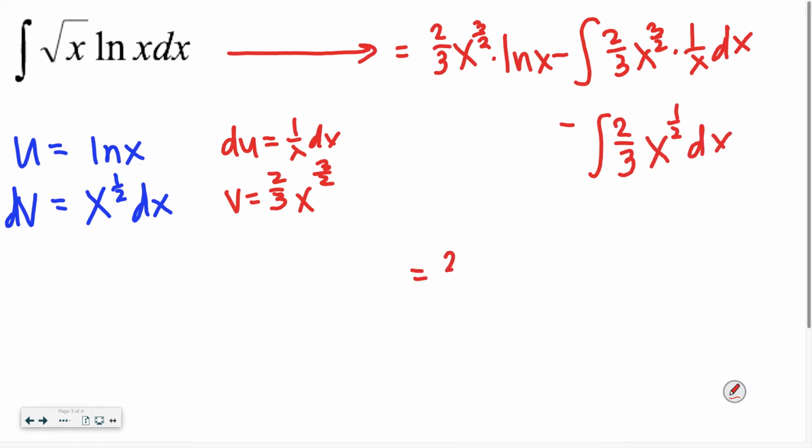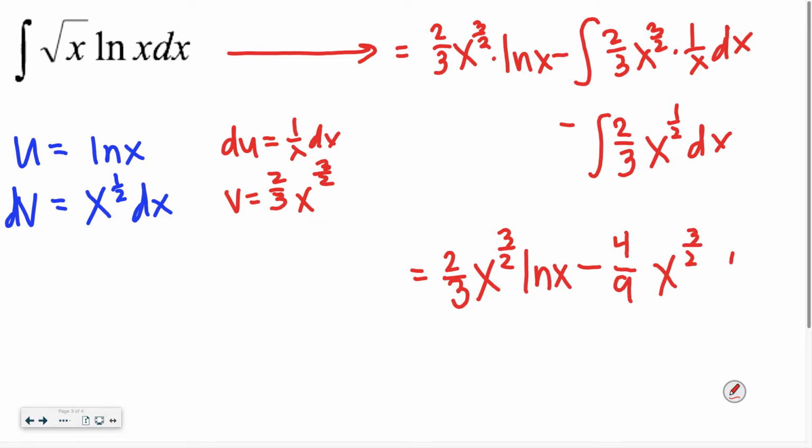Okay, so do you get 2/3 x to the 3/2 natural log of x minus 4/9 x to the 3/2? Let's see. Yep, that's exactly what I have. Check your work with my work. Good job.